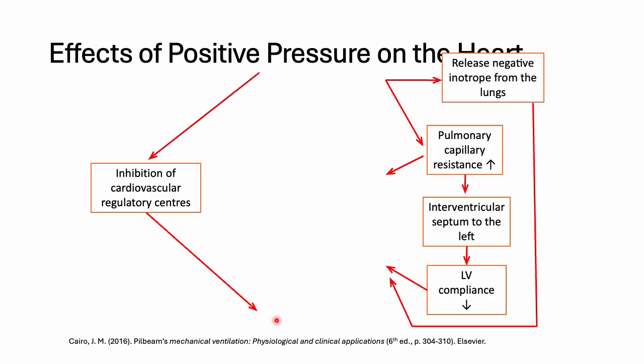In addition to all this, there are also the stress hormones that are being generated as a result of the pressure, and that can also cause increased pulmonary resistance, and also your left ventricular compliance might drop depending on how much pressure is within the lungs.